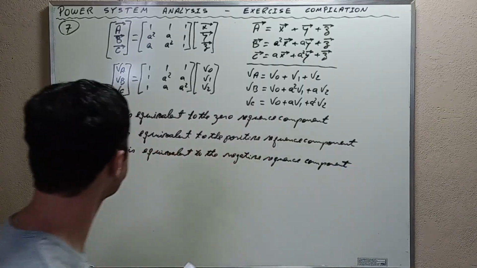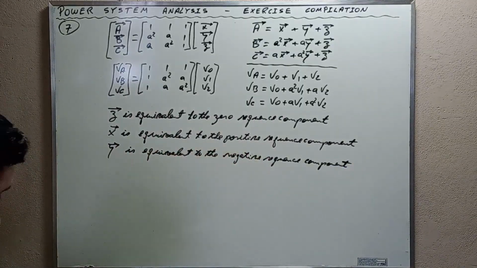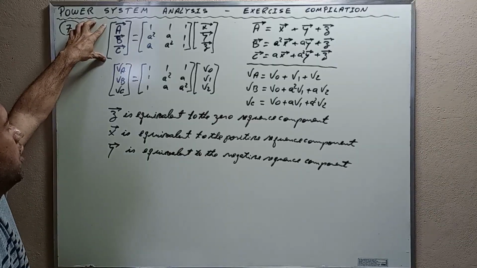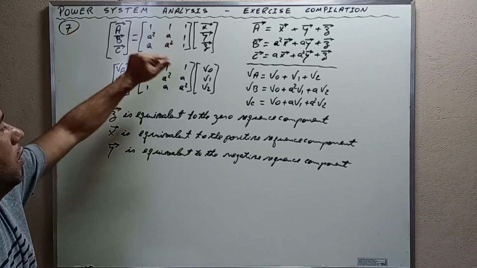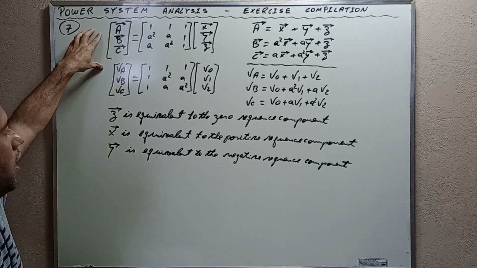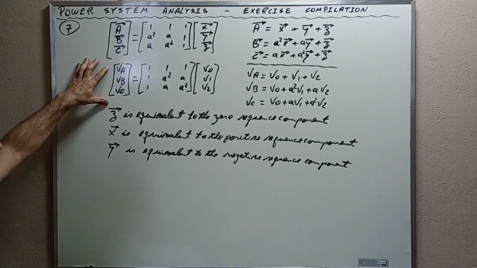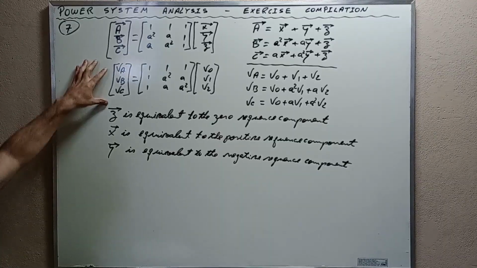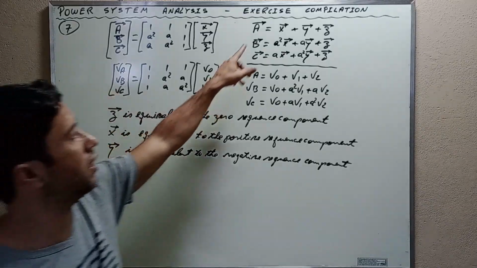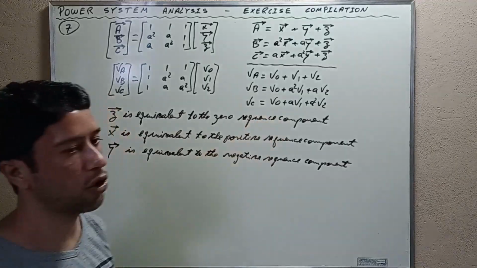Okay, my friends, this is a question that appeared in a civil service exam here in Brazil. Okay, the exercise gave you this somewhat scrambled, and you have to write the standard way of relating electrical quantities with their symmetrical components and try to see what's going on.